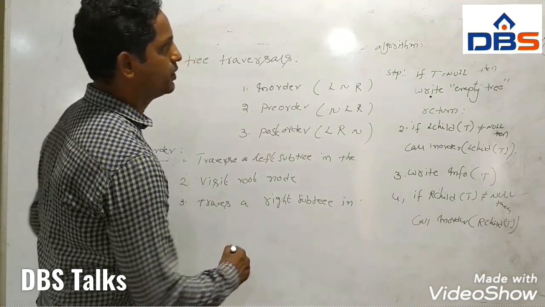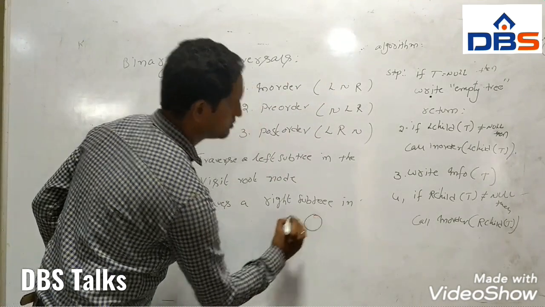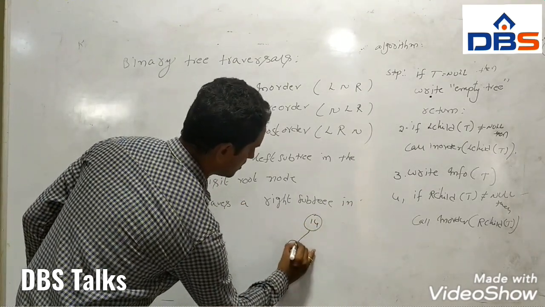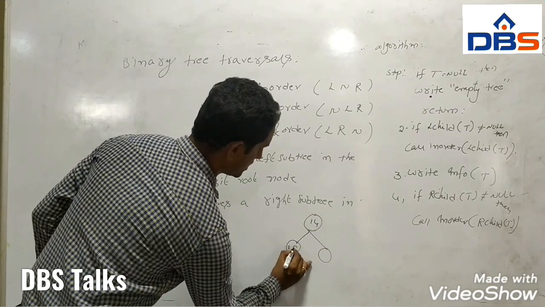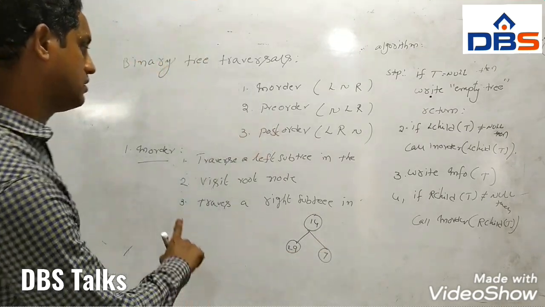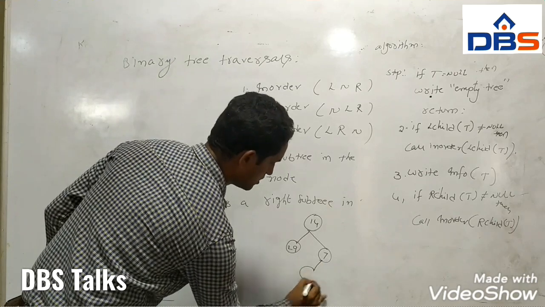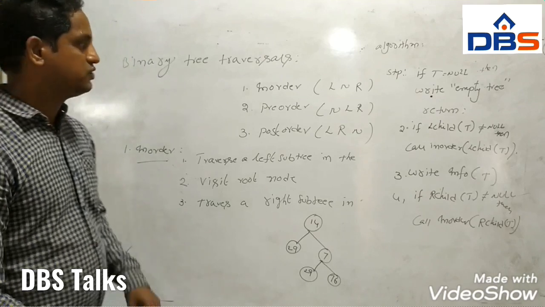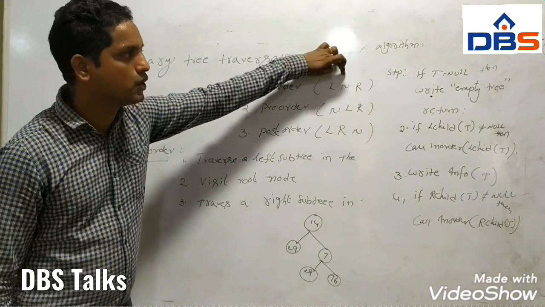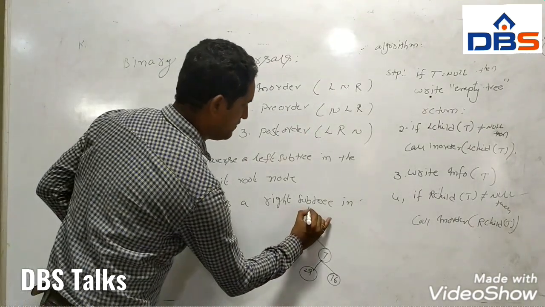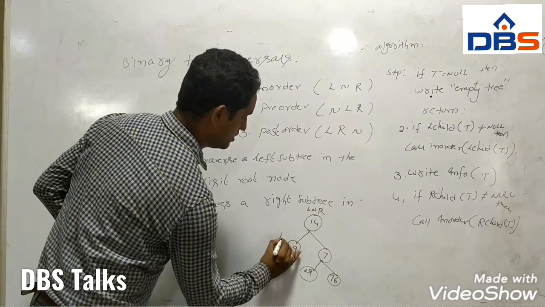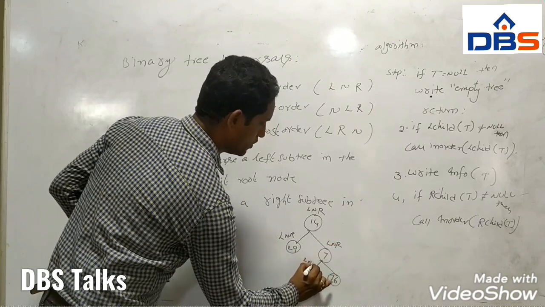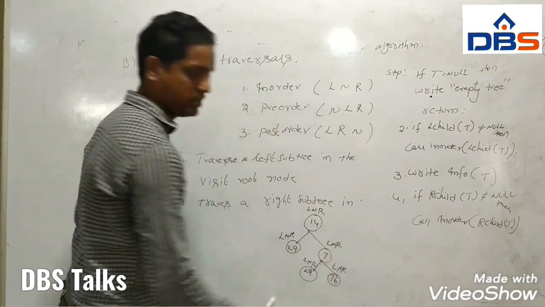Okay. For example, 14, 29, 7, 29, 76. So inorder is left, node, right.